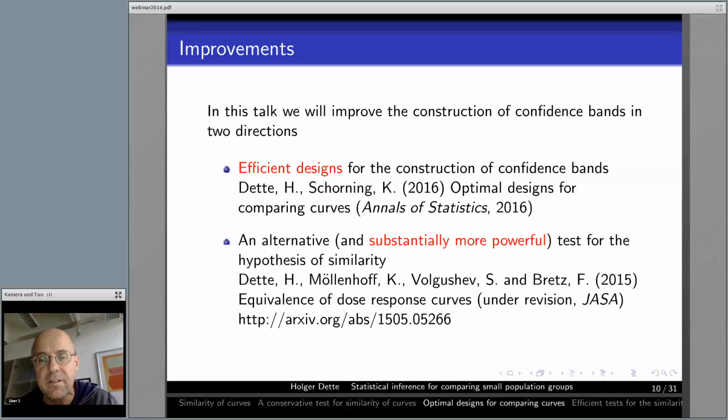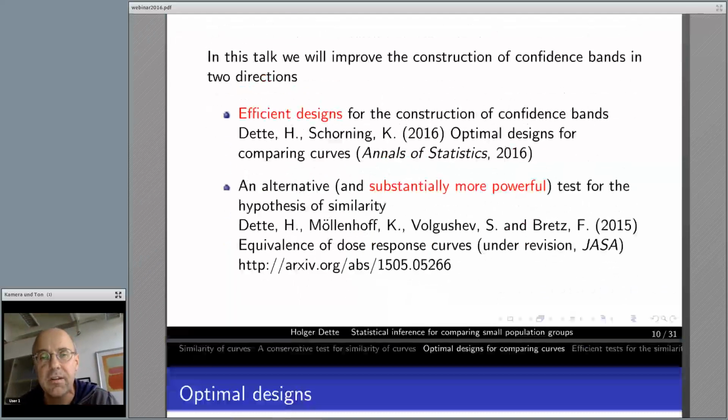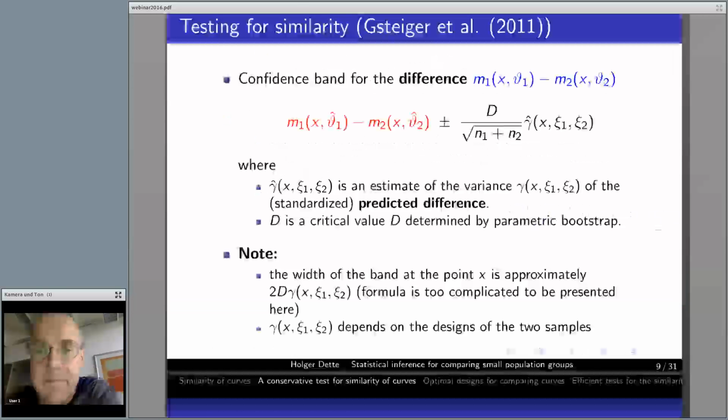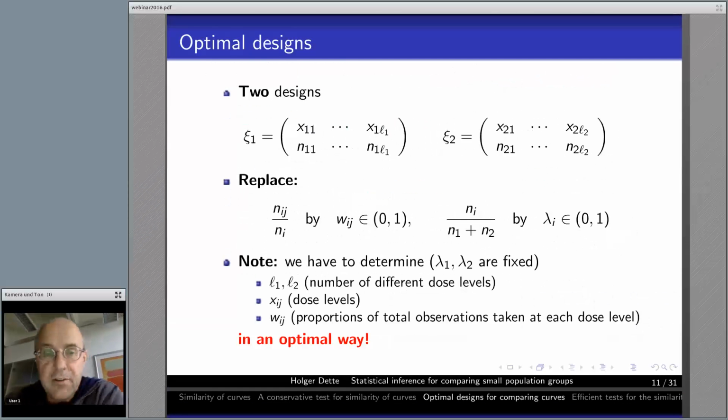Okay, so let's go back to the design question. I go back here to the first line. We have the confidence band. It's the estimate plus the quantile divided by the square root of the sample size, multiplied with the standard deviation. And the standard deviation depends on the two designs and the point where we estimate the difference. So it's gamma of x, psi 1, psi 2. Now we have these two designs, and what we want to do is determine them in an optimal way.